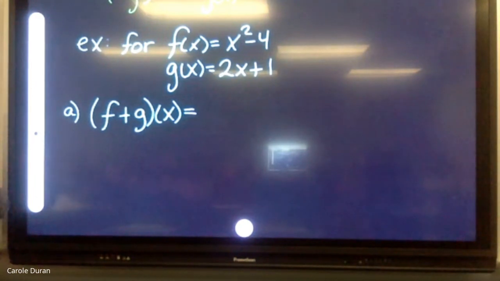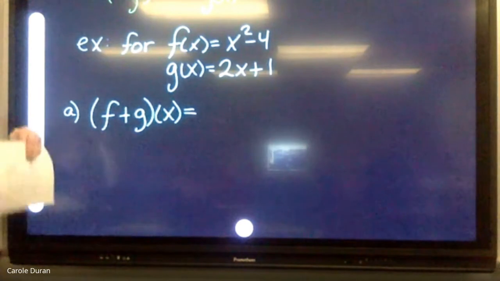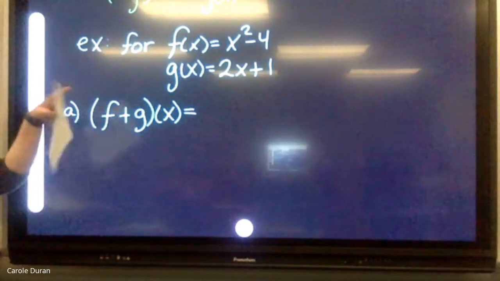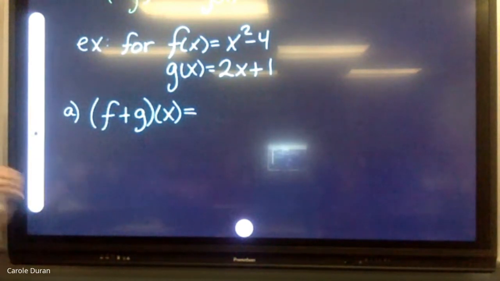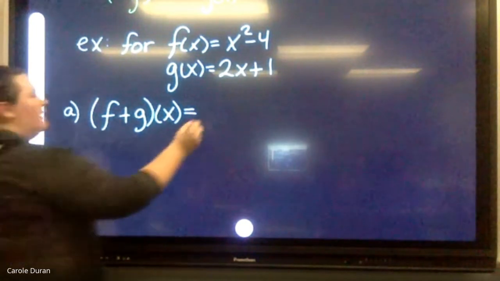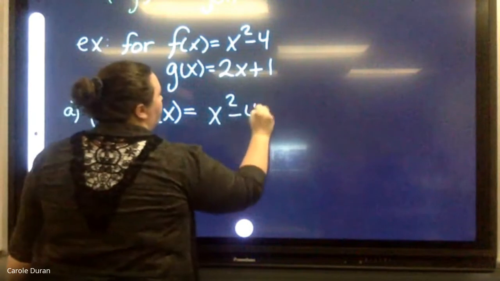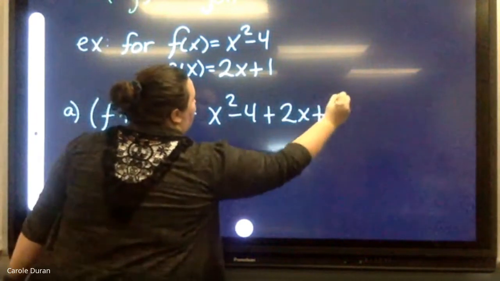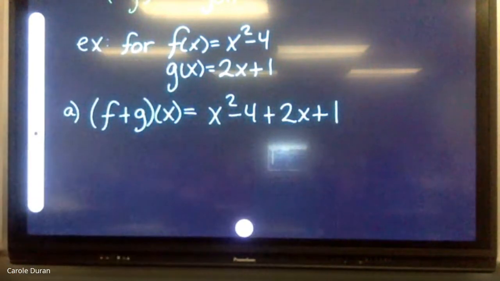I can't hear you that well, so I think you said you'd put the f of x plus g of x, right? And then you'd actually plug in x squared minus 4 where the f of x is, and the 2x plus 1 where the g of x is, and then it would become this, right? Where the first two were the components of my f function, and the last two were the components of my g function. Again, I want this in simplified form.